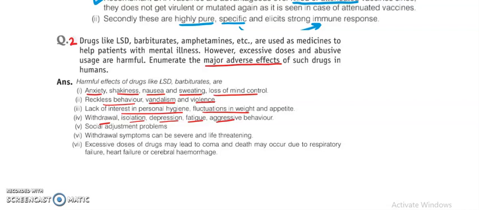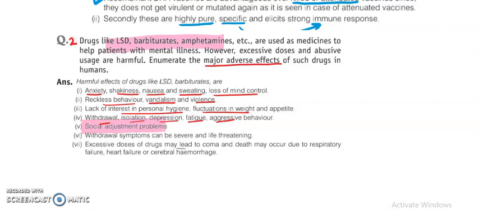Social problems will also be there because the person is not interacting, right? Withdrawal symptoms can be severe and life-threatening. Means if the person is on all these drugs since long and you stop suddenly, then the symptoms could be devastating.